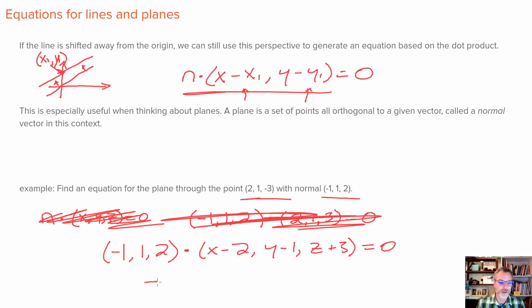Okay, and I could simplify it a bit by doing this dot product. I'd have negative x plus y plus 2z, and this would be 2 minus 1, so 1, plus 6, so plus 7, equals 0. Okay. Another way to describe planes.